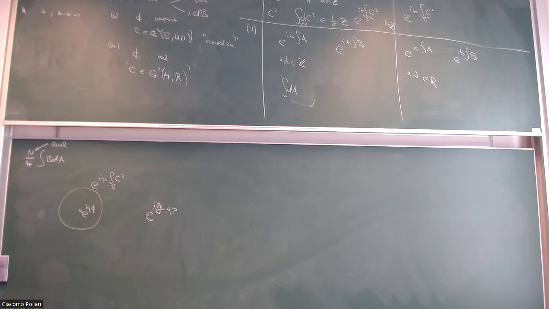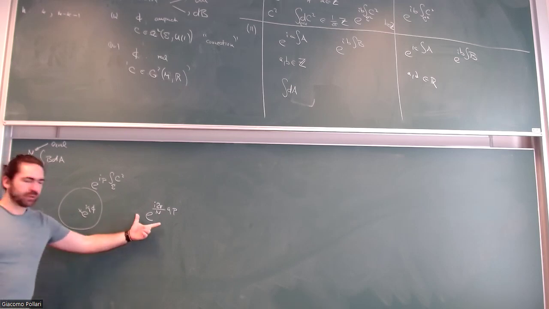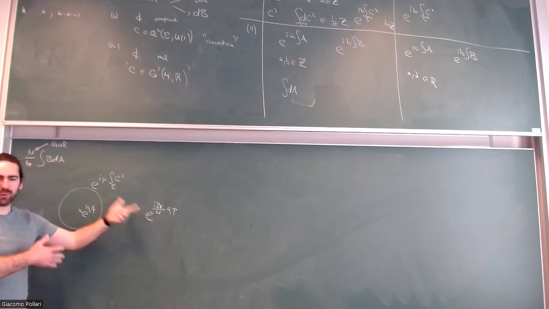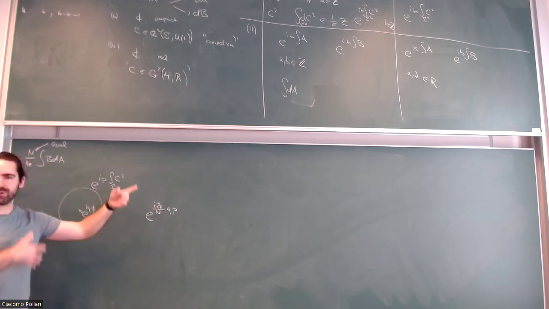Okay, and now you see that Q and P are a priori in Z. But what if P or Q is a multiple of M? This will be 0, right? Or sorry, this will be 1, right? The exponent will be proportional to pi or something.